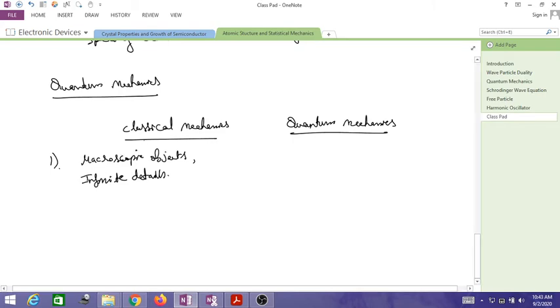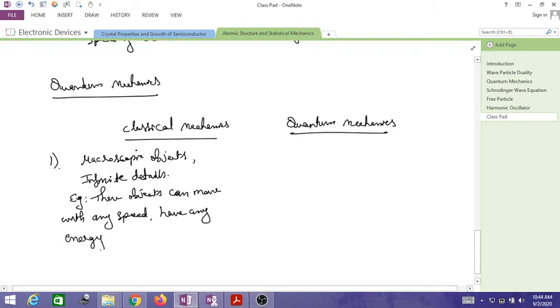It means, to understand this very clearly, these objects can move with any speed, and have any energy, and can occupy any position in space. So that is what classical mechanics says.